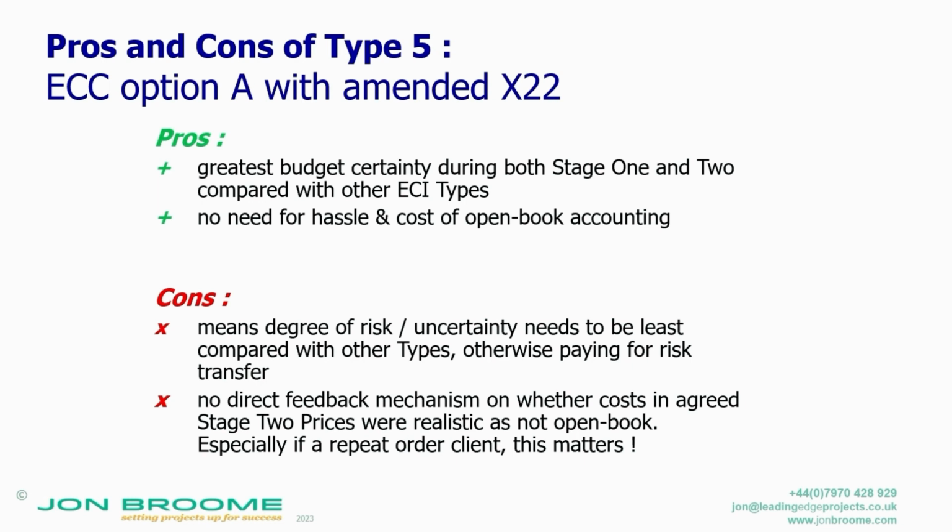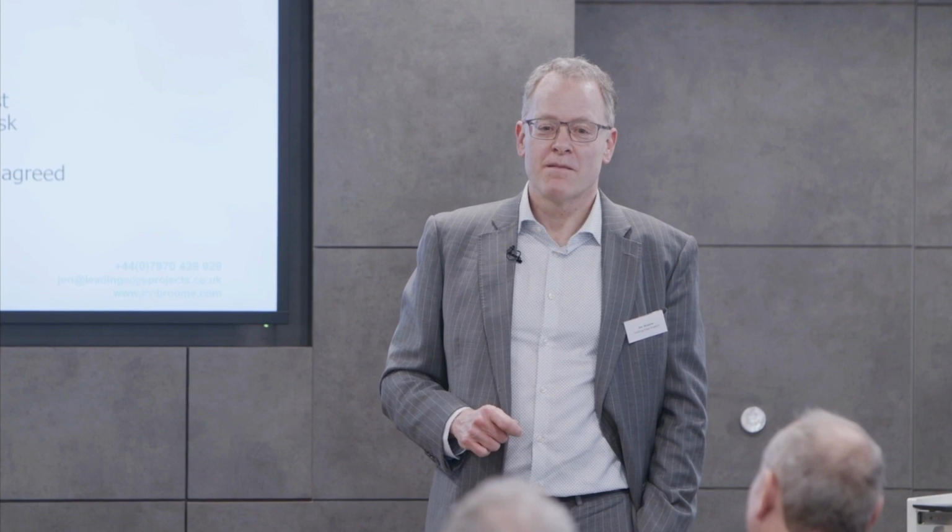How do you know you're not getting ripped off? Yeah, in subsequent projects. So you lose that advantage. So I have actually heard of target cost contracts with the contractor having 100% pain and 100% gain, purely so that the client can see the open book nature of it for repeat order clients. It seems a bit much, but there we go. I have heard of that.